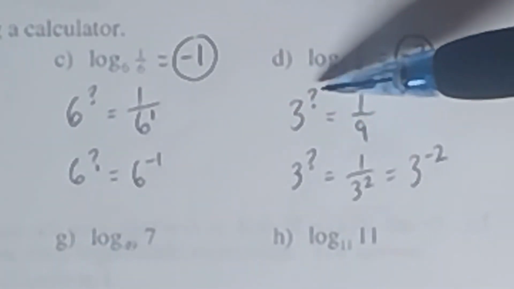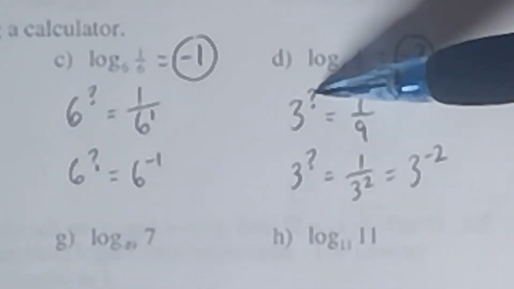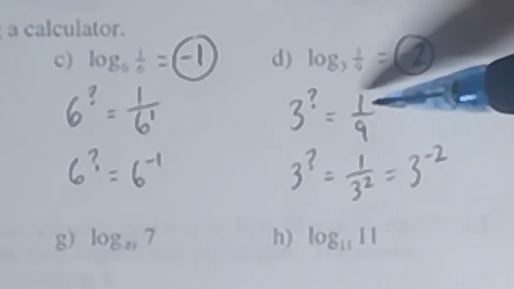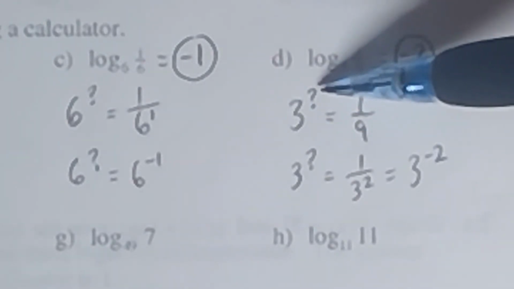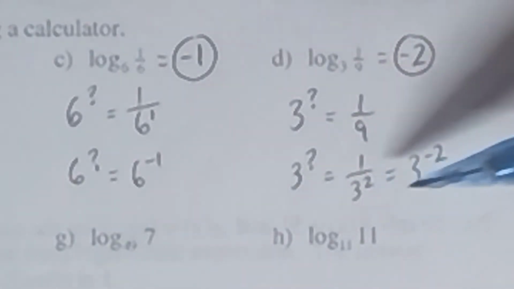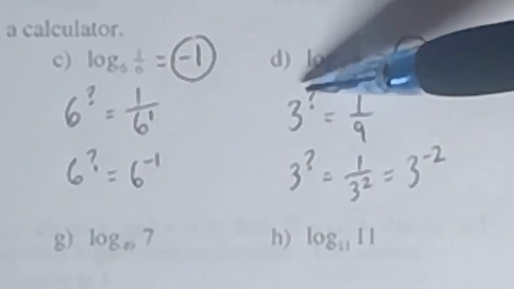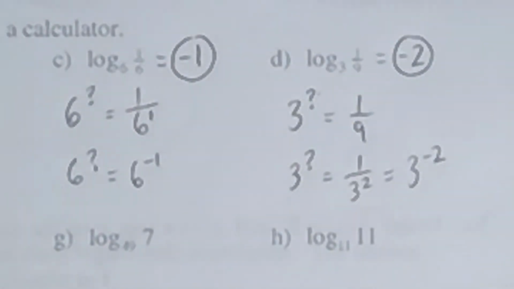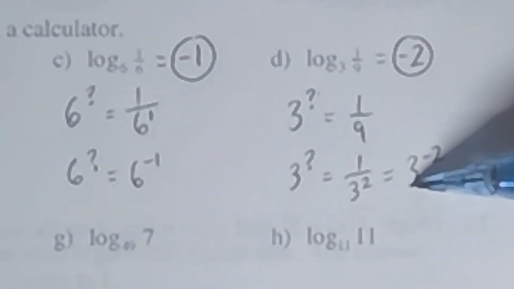They don't want to know what 1 over 3 to the power is. They want to know what 3 to the power is so that it's equal to 1/9. Well, 1/9 is equal to 3 to the negative 2. They don't care about 1 over something. They want you to ultimately convert it so that it's 3 to a power so that you'll then know what this missing power is. Just want to make sure that's clear. So you need to convert your product term so that it's the same base along with an exponent, but nothing else.